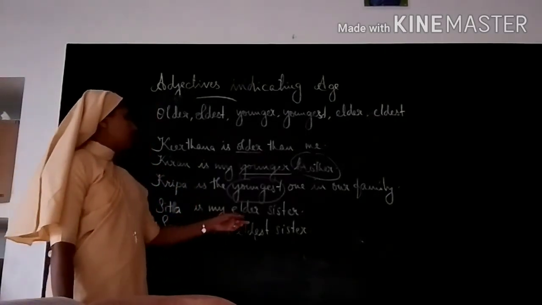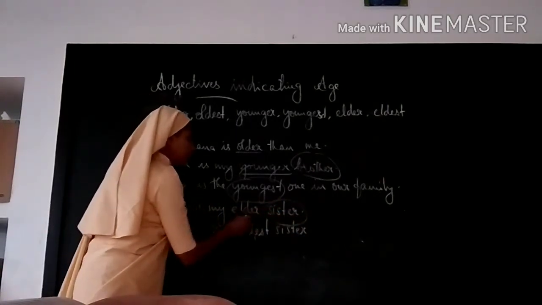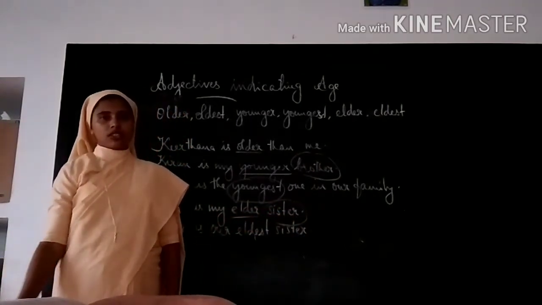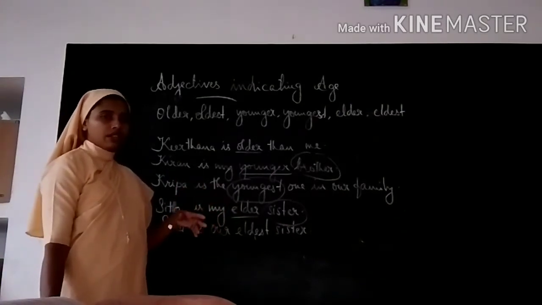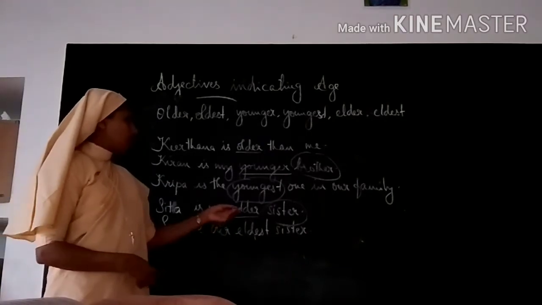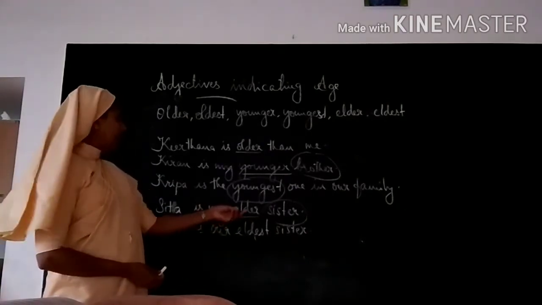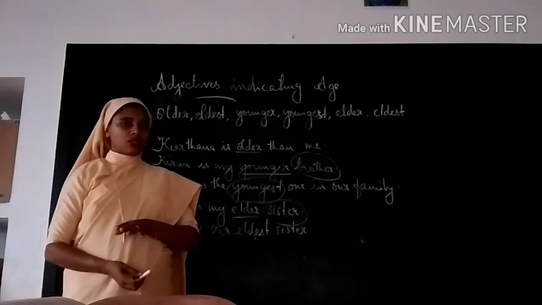And Sita is my elder sister. Sister is a noun, elder is used to qualify sister. So that shows the age. Elder means in age she is more than me, and it will be used only with family relatives.